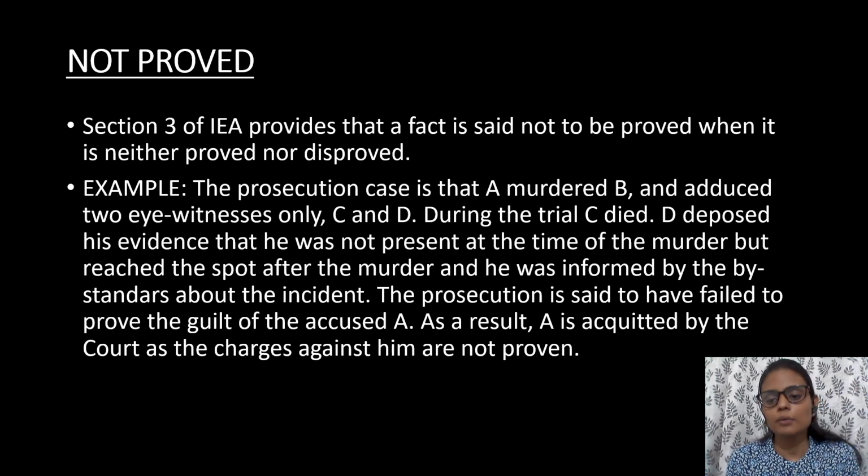So what is happening here? The fact whether A has murdered B or not has remained disputed, and no evidence has been adduced. So it is neither proved nor disproved. So this fact is what we call not proved.